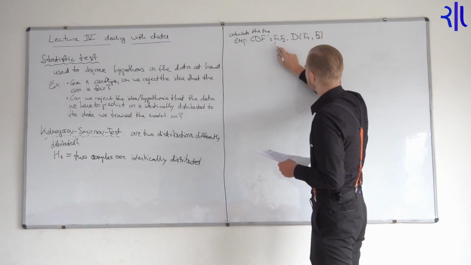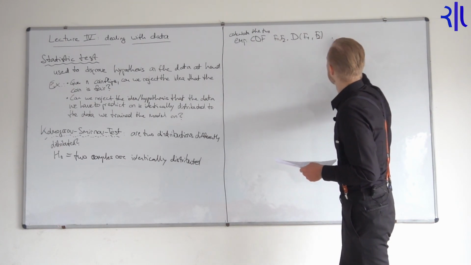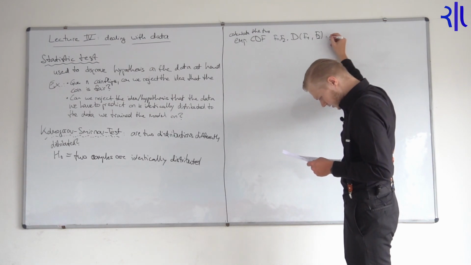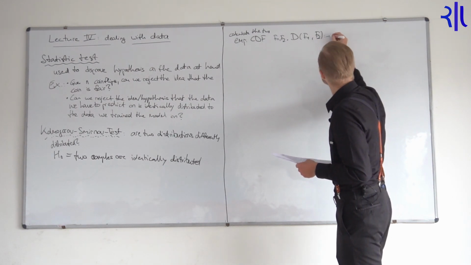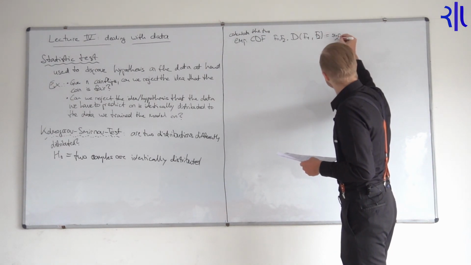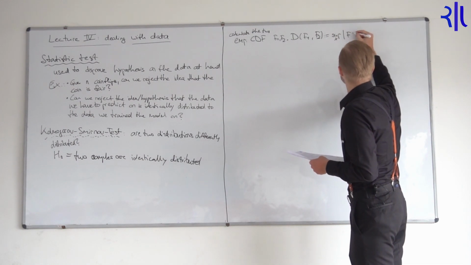So we have the two cumulative distribution functions F1 and F2, and we say the distance between the two is defined as the supremum over x of their absolute difference.